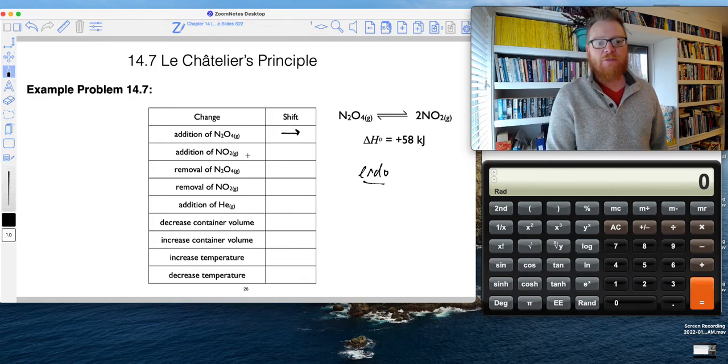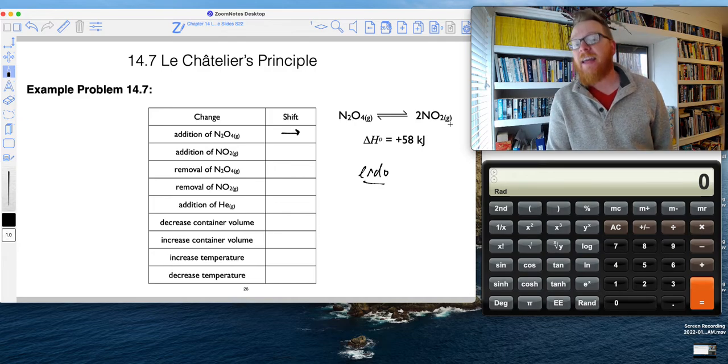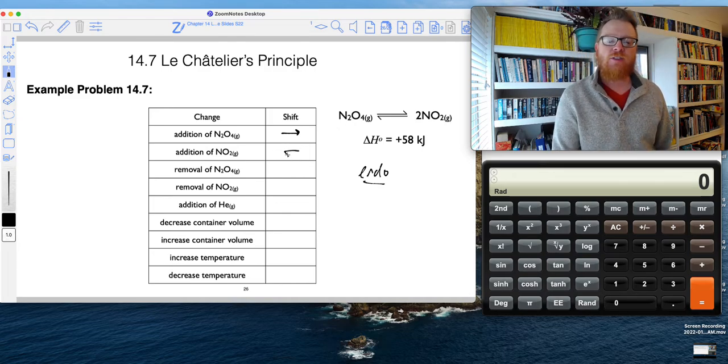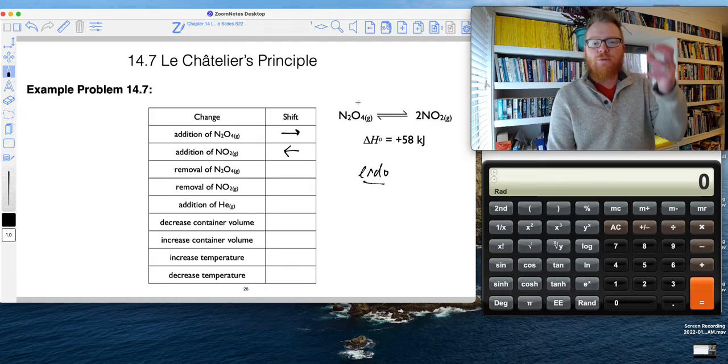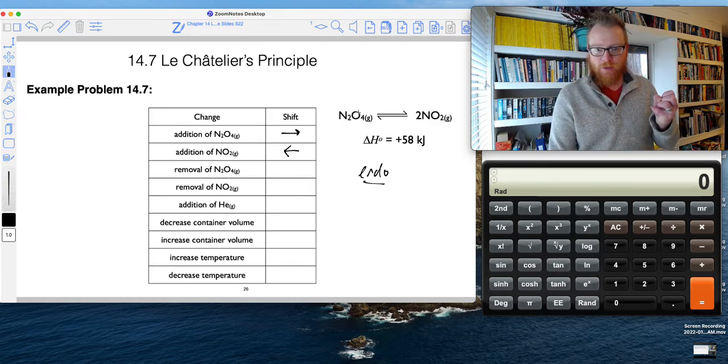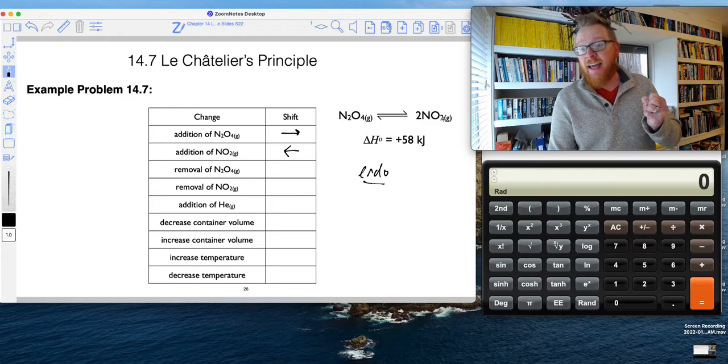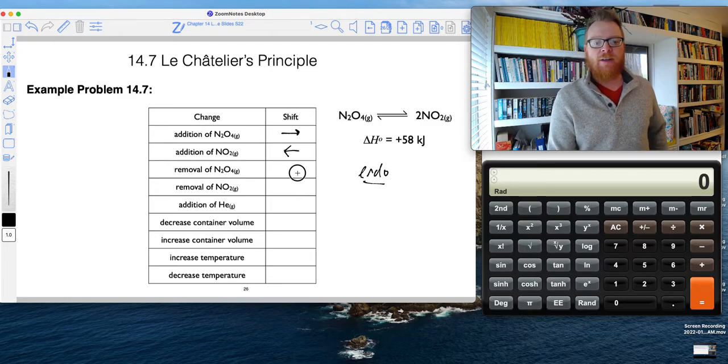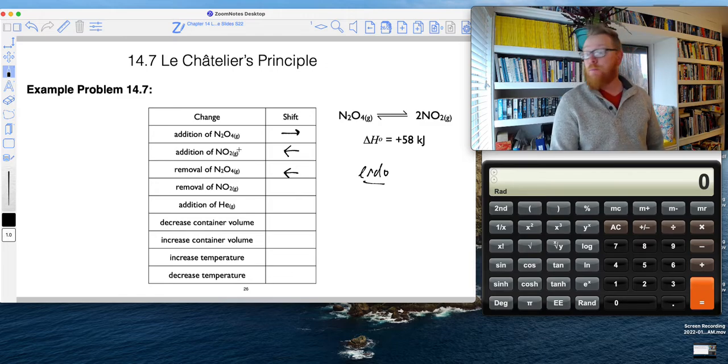Okay, so what if I add more NO2? Well, if I add more NO2, it's going to shift to the left, so it's going to want to make more N2O4. Okay, so what if I remove N2O4? Well, if I remove N2O4, now there's not enough reactant, and so this product is going to want to shift back to the left to fill in that N2O4 that I removed.